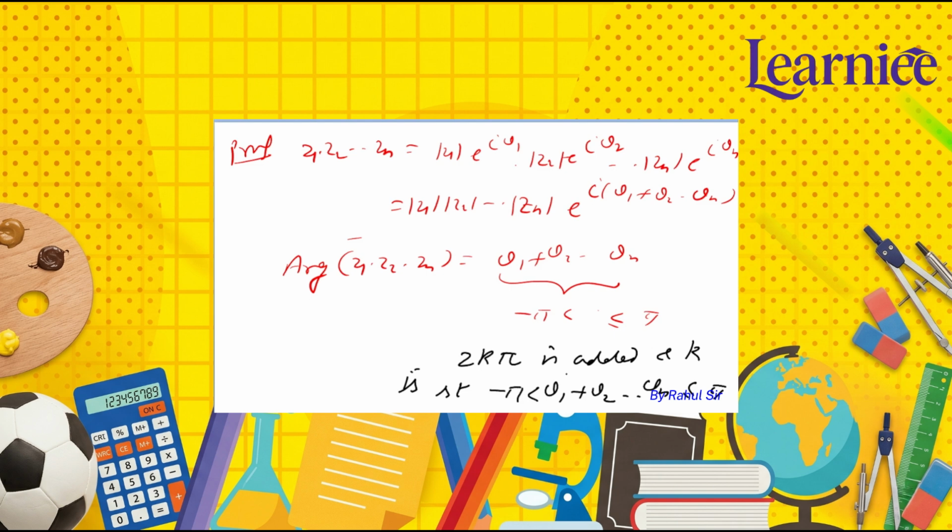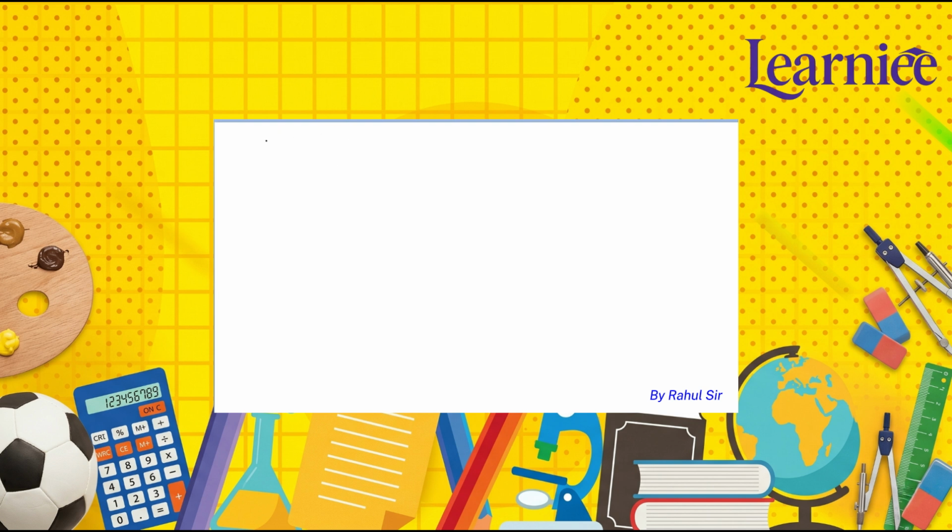For example, let's say z1 is equal to e to the power i 2 pi by 3, and z2 is e to the power i pi. So what is the argument of z1 z2?